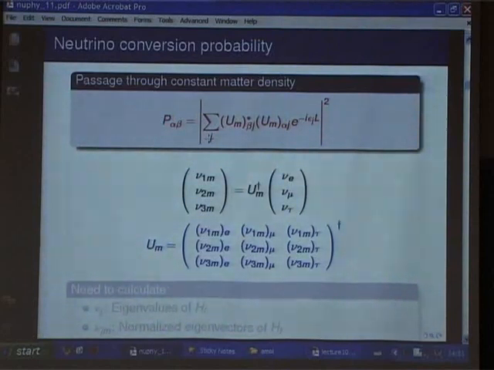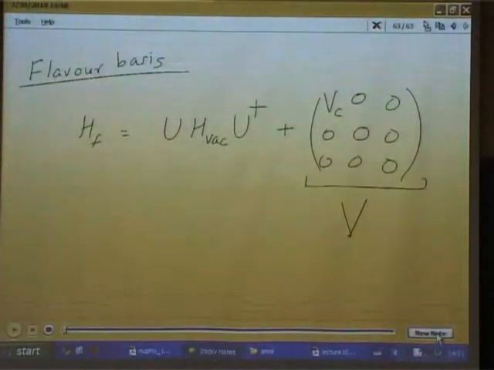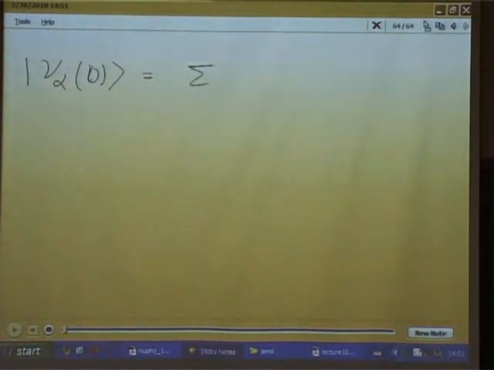So remember, when we did not have any matter, what happens? I start with a neutrino state called nu alpha. This nu alpha at time 0 was some summation of U alpha i times nu i.